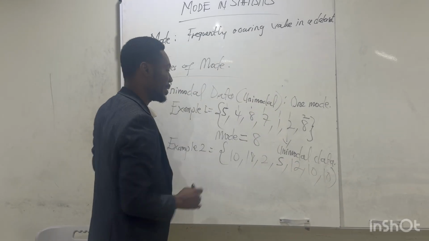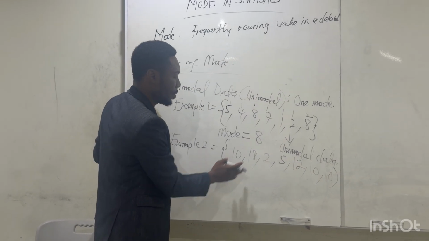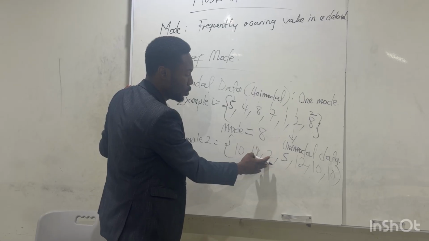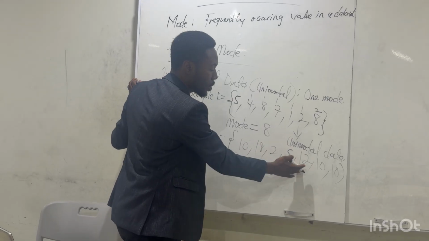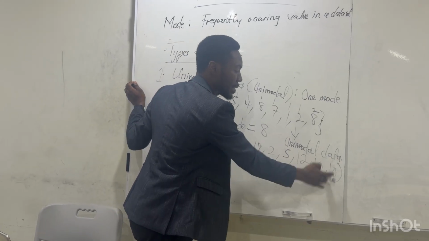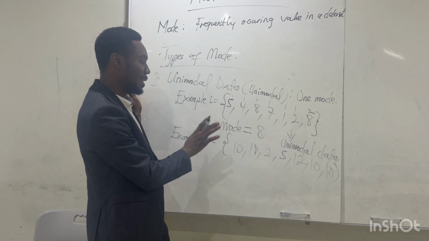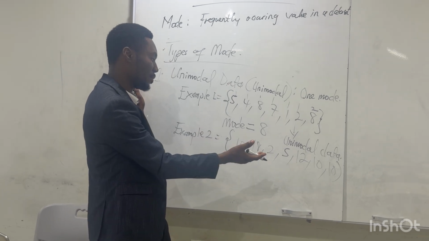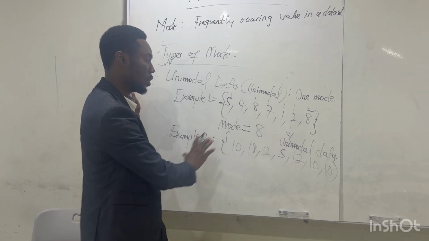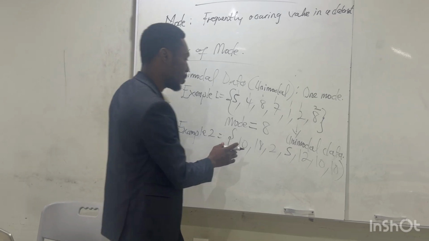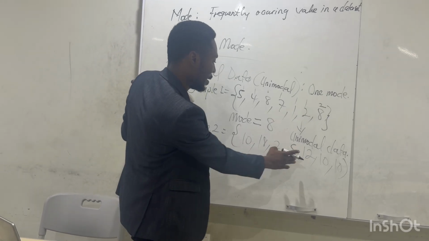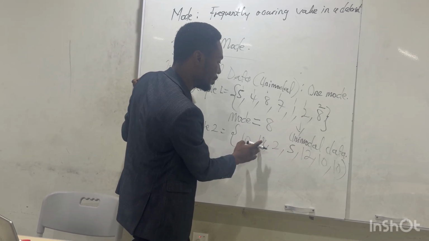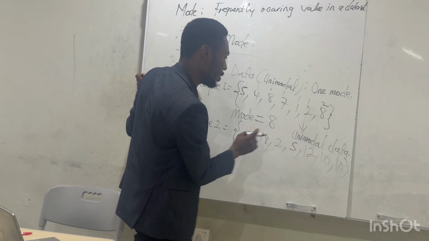Okay, so let's look at this data set. So we have 10, we have 18, we have 2, we have 5, we have 12, we have 10, and we have 10. Now for a data like this, first of all, observe. Just look at all the observations. Okay, so the maximum you can see over here is the 18. The minimum you can see over here is 2.